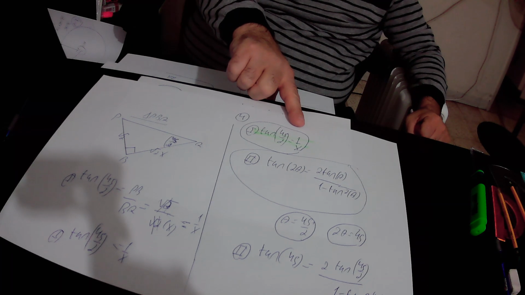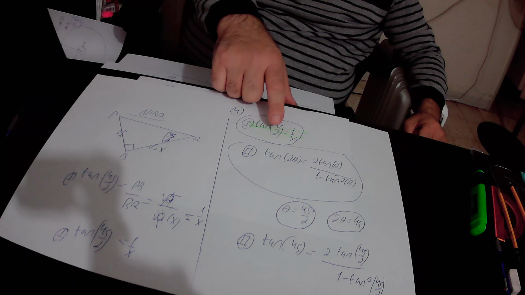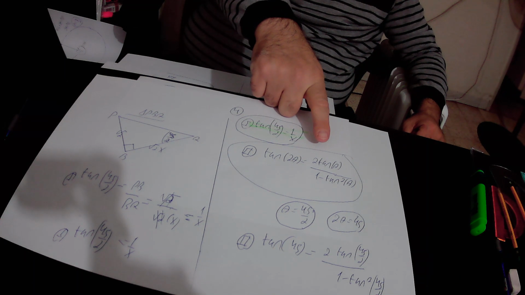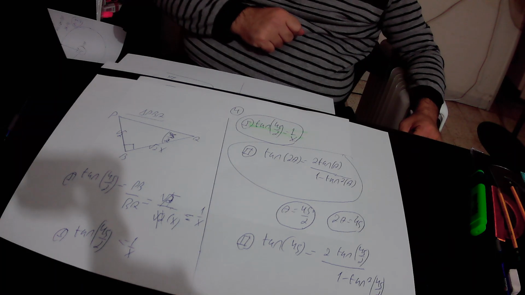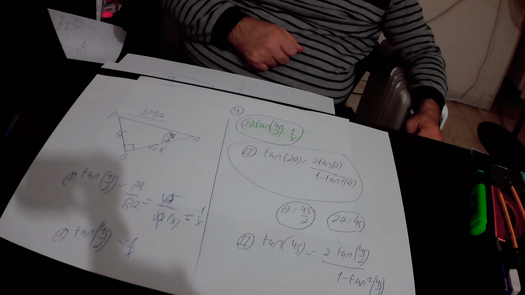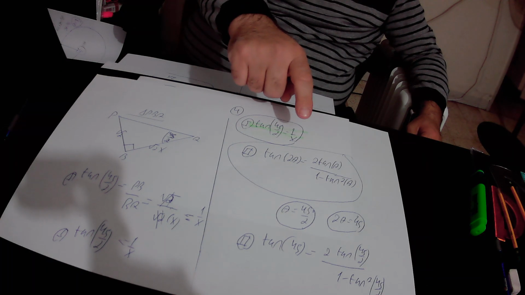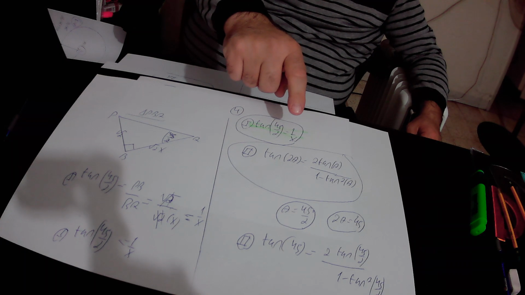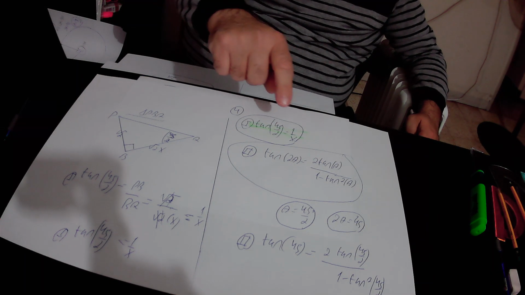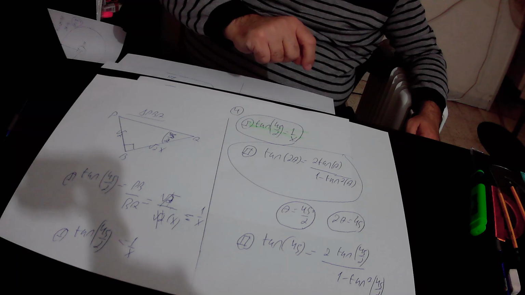While according to the algebraic identity, tangent 2 theta equals 2 tangent theta over 1 minus tangent squared theta. Then we defined theta in this trigonometric identity as 45 over 2 degrees, and therefore 2 theta must be equal to 45 degrees.